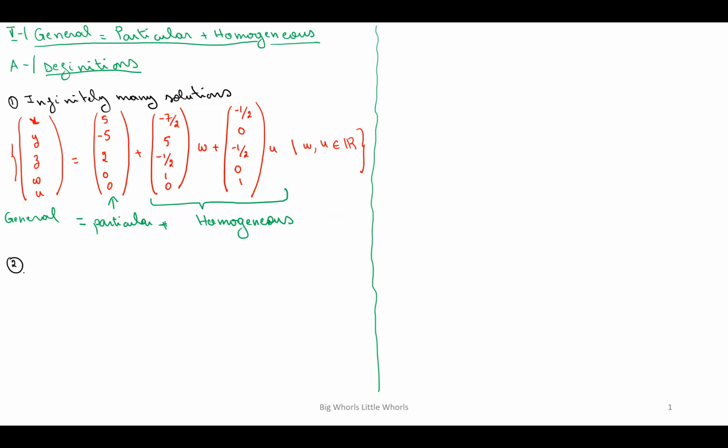Let's now have a look at a unique solution. A unique solution is just written as follows. We have, let's say, x, y, z, which is equal to 1, 0, 1.